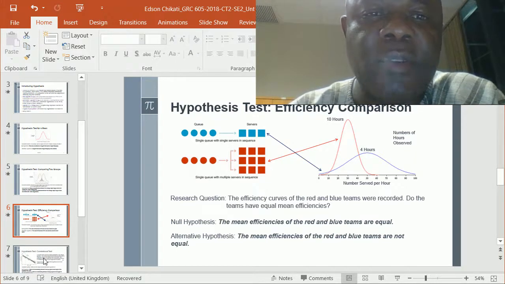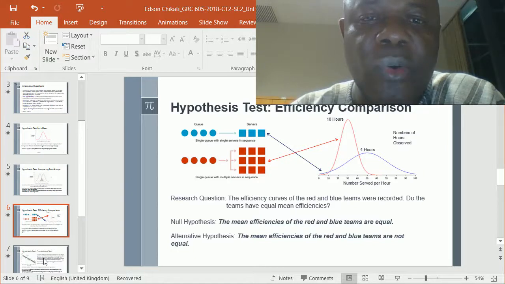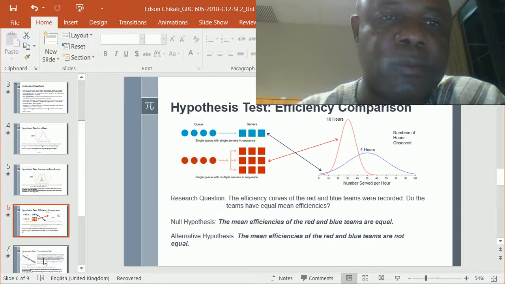Do the teams have equal mean efficiencies? The hypothesis I derive from this research question reads as follows. The mean efficiency of the red and the blue teams are equal. Alternative hypothesis is, the mean efficiencies of the red and the blue teams are not equal.